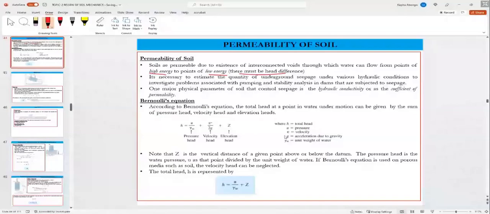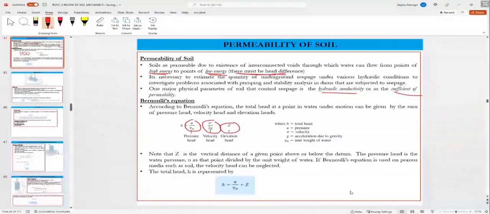Now, the thing we need to determine from soil is the hydraulic conductivity, or the coefficient of permeability. There is the pressure head, the velocity head, and the elevation head.